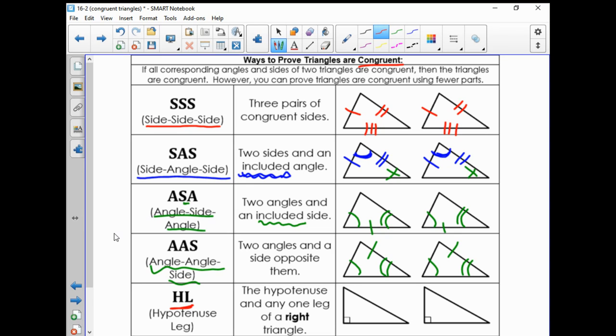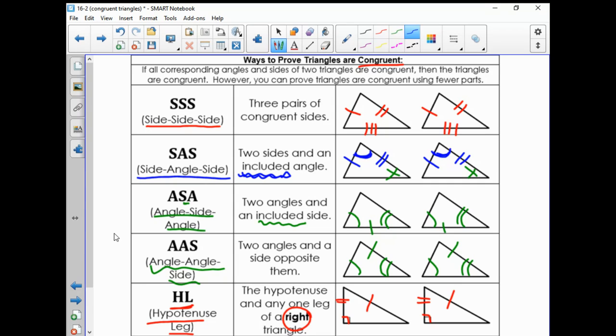The hypotenuse leg, it has to have right angles in them. So you've got that those angles are congruent. If you've got right angles and the hypotenuse and a leg, so the hypotenuse is across from your right angle, and any other side, if you know that those 2 sides are congruent, then you can use this shortcut, the hypotenuse leg.